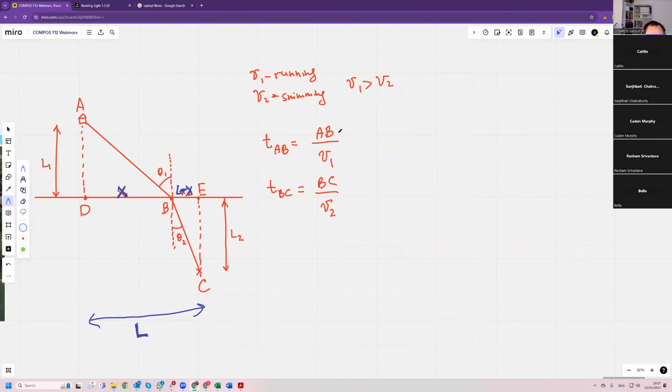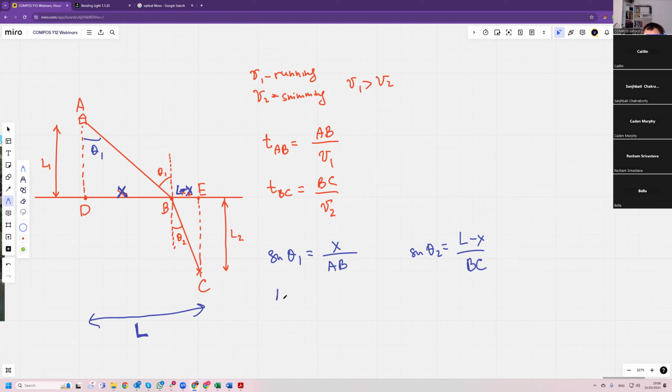Now, AB. So what is AB? Well, if you look at the triangle, this is theta 1, this is theta 1. Sine theta 1 is going to be X divided by AB. And sine theta 2, similarly, is going to be L minus X divided by BC.